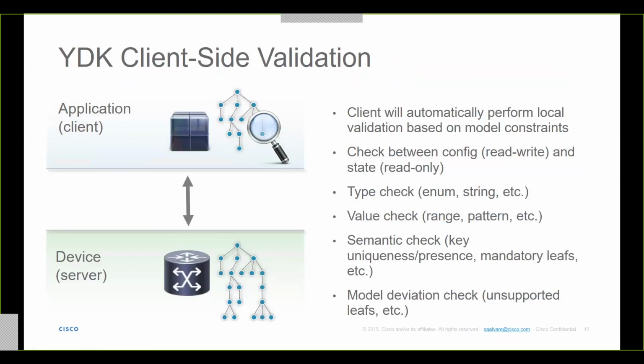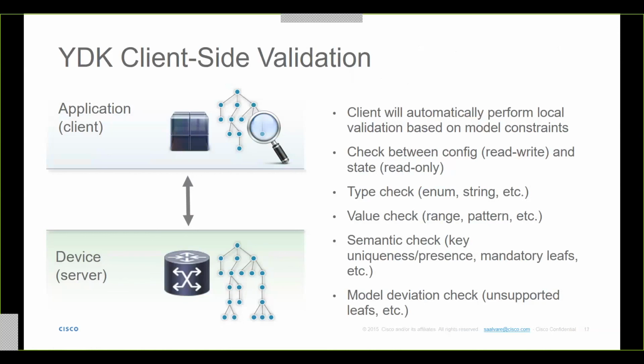Remember, when I was talking about the data model, a key value of the data model is that it is a generic definition, and I said you should be able to put, in the case of the configuration of community sets, any configuration through a tool, and the tool should be able to tell me yes or no, is this configuration compliant with that model or not? And if it is not compliant, it should be able to tell me where it is not compliant. Where is it that you made the configuration change? And that's exactly what we do in YDK.